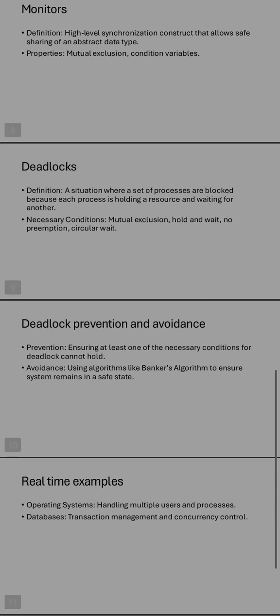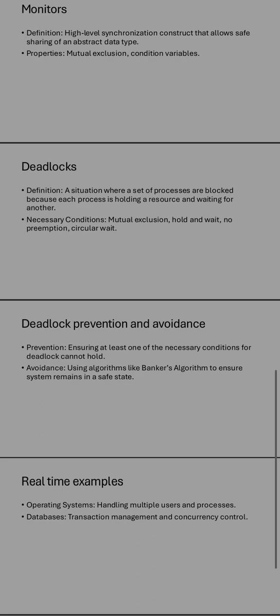Now we will see about deadlock. The deadlock definition is a situation where a set of processes are blocked because each process is holding a resource and waiting for another. Deadlock happens in our day to day life also. In this, a process in the critical section is holding a resource and waiting for the other one.